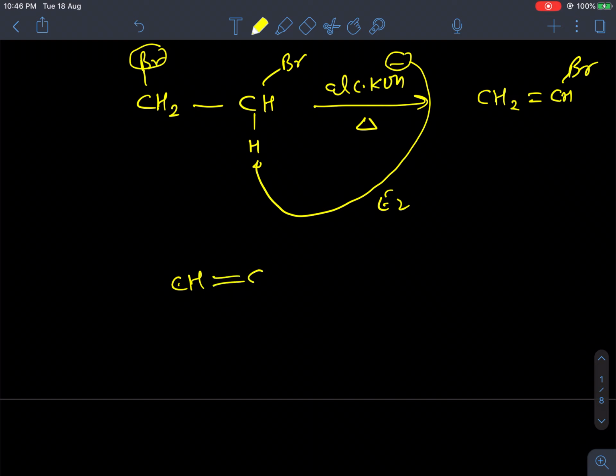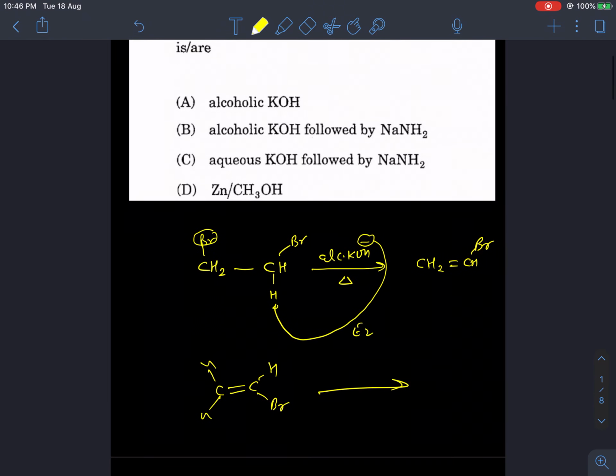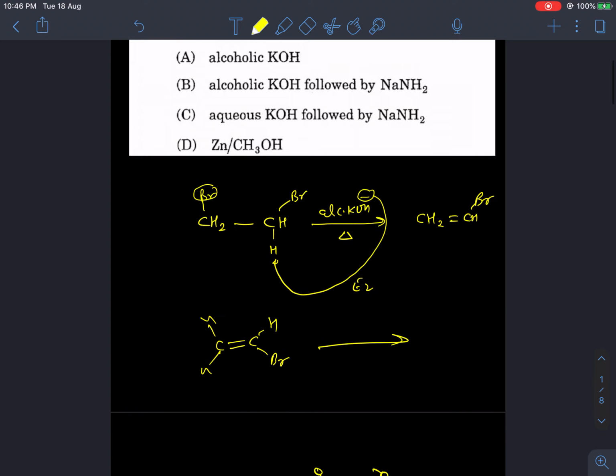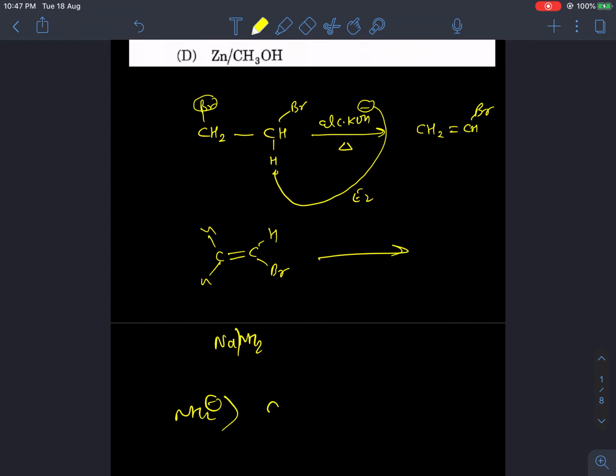So then what do we have to do? The second elimination step will not be easier when you are using normal alcoholic KOH. You take some powerful base. Only a powerful base can do it. So which is more powerful than KOH? There are many, like NaNH2 is one of them, because NH2 minus is a more powerful base compared to OH minus.